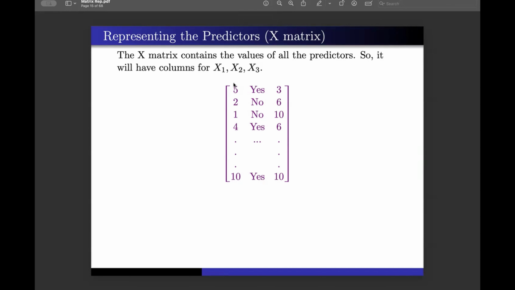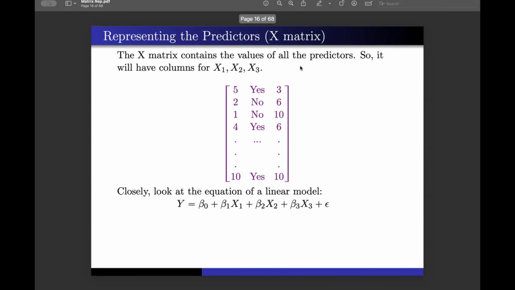We have the information of n number of students, and this x1 corresponds to one column, and each row corresponds to the study hours of each student. The second column corresponds to the values that the second independent variable takes in the data set. And then the third column corresponds to the values the third independent variable takes. So we have three columns corresponding to three independent variables.